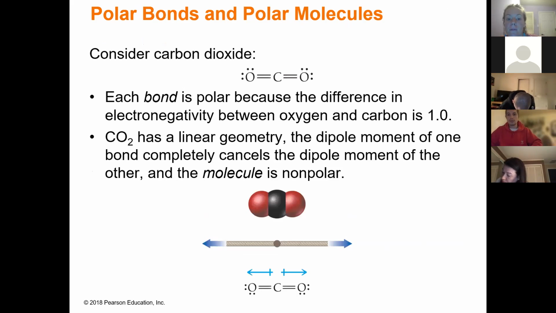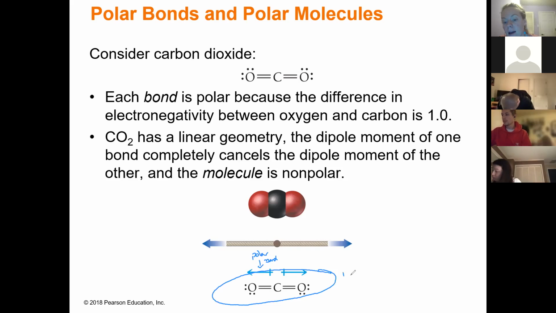So let me show you an example of a balanced situation. The bond between carbon and oxygen in CO2 is a polar bond. Okay. They don't share the electrons equally. The electrons hang out by the oxygen more. But the molecule as a whole is nonpolar. Why?